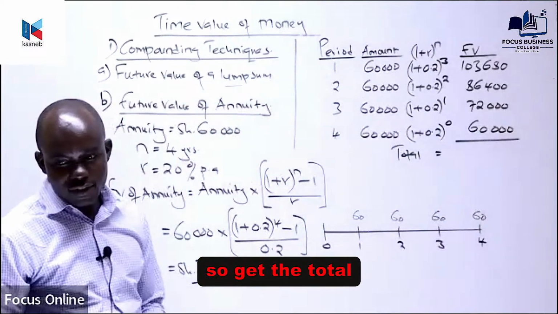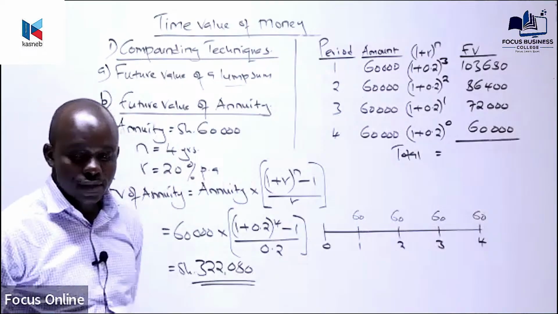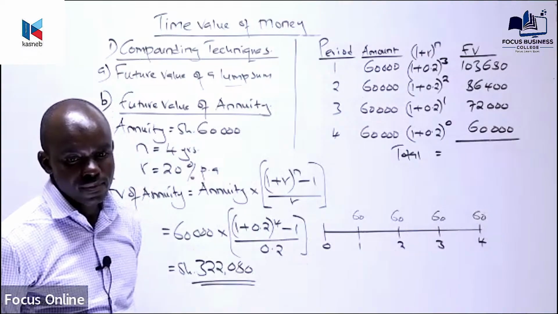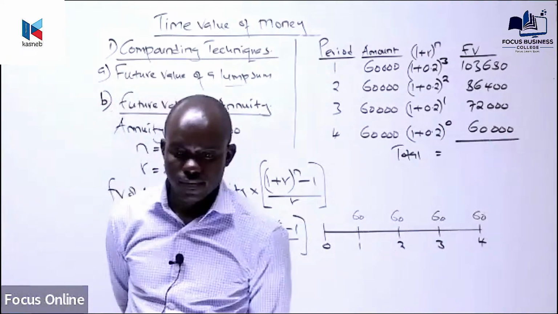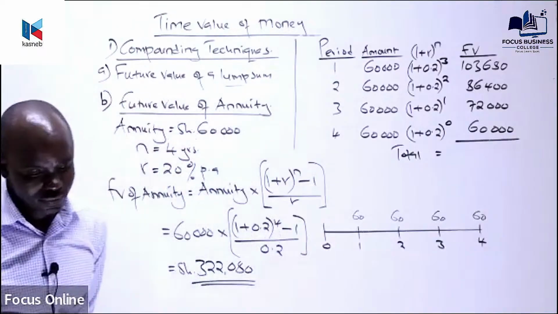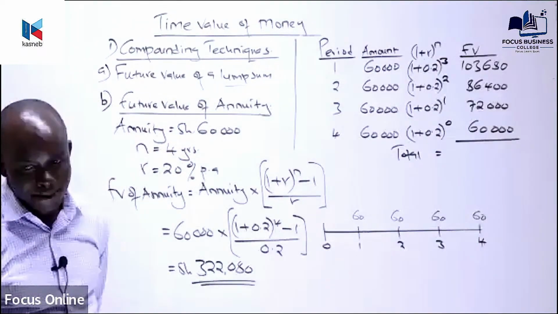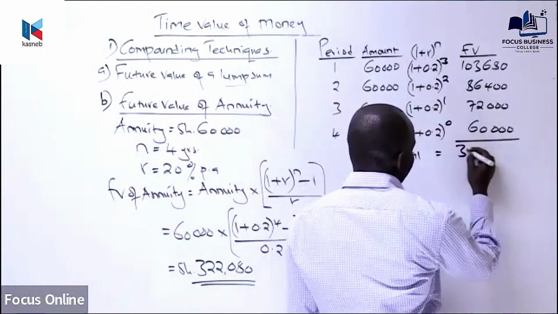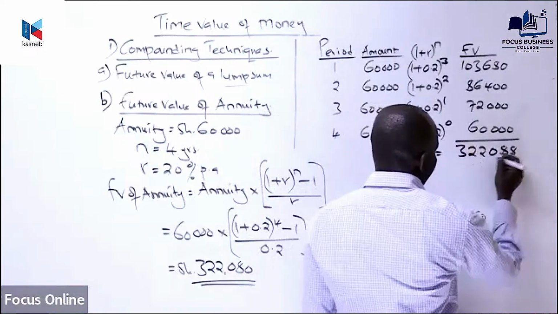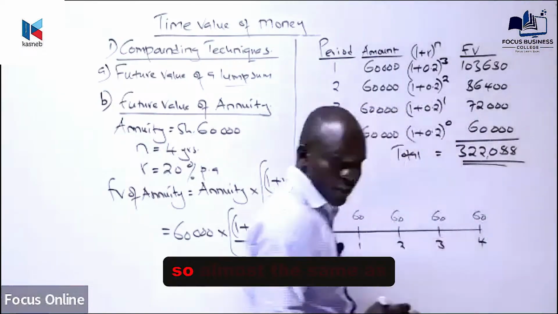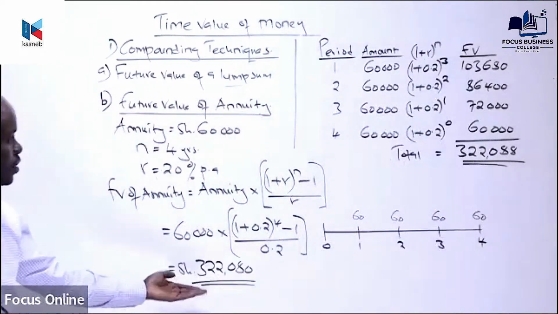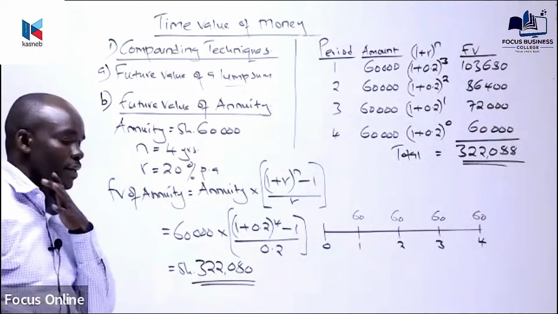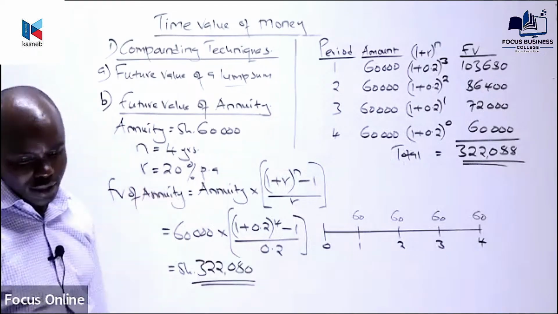So get the total: $322,088. So it is almost the same as what we have here; the differences are just because of rounding off. So is that okay? Let's proceed.